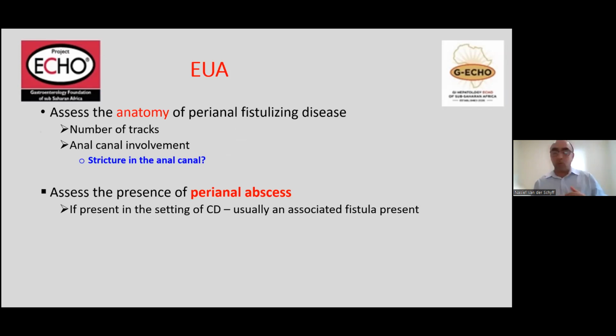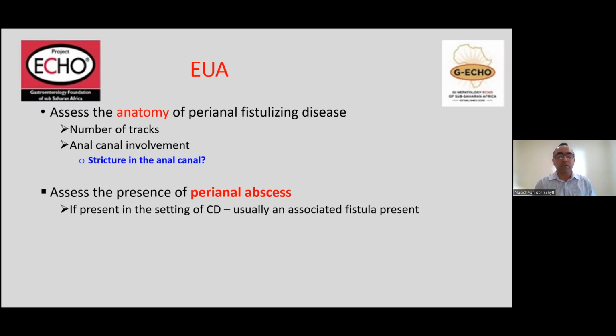So the EUA: we've now referred the patient to the surgeon, and they're performing an examination under anesthesia. What are they looking for? Number one, they want to assess the anatomy of the peri-anal fistulizing disease to identify the number of fistula tracts there are. Is there anal canal involvement?